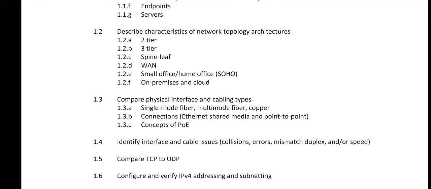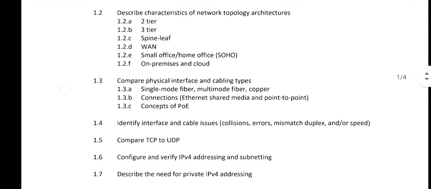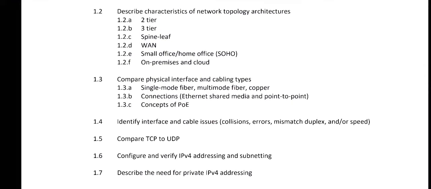You need to know the bus topology, star topology, mesh topology, combined or hybrid topologies, 2-tier, 3-tier, spine leaf. That talks about the campus network, traditional campus architectures where you have 2 layers or 3 layers.